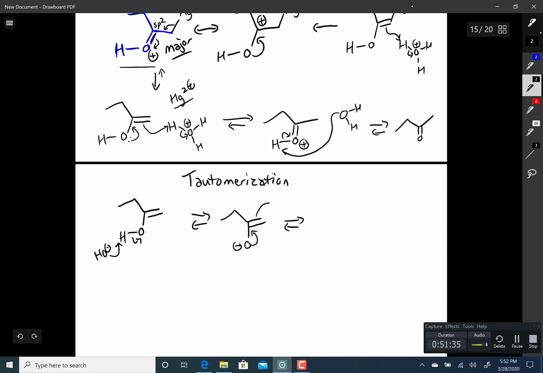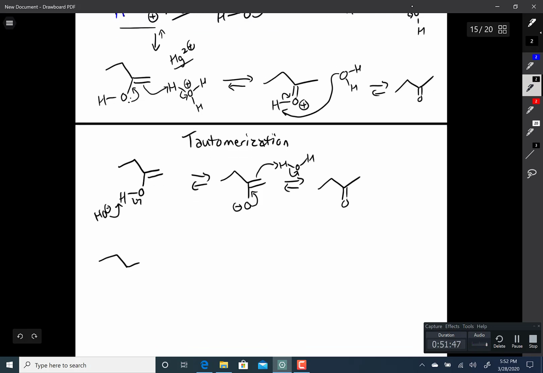O- swings its electrons down and it takes an H off there. Acid: the electrons swing down from the OH. These electrons kick these electrons over to grab an H from an acid, followed by deprotonation.